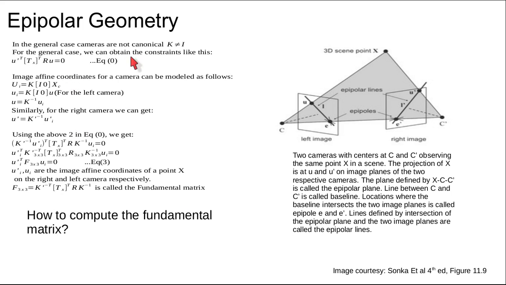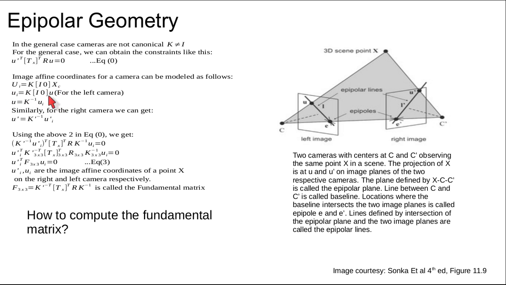In general, cameras are not canonical. The camera Euclidean coordinates can be transferred into image affine coordinates using this expression. ui is equal to k, where k is the intrinsic parameter, I the identity matrix, zeros, and xc, which are the camera Euclidean coordinates.